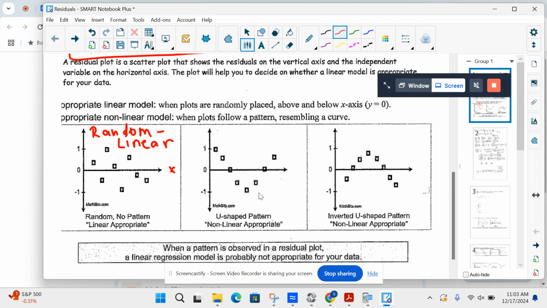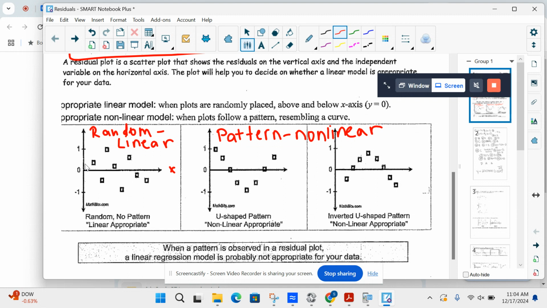But for these two, it has a U-shaped pattern. So these two are both curved. There's a pattern. So it's nonlinear. So if you see a pattern, it's not linear. If you don't see a pattern, then it is linear.